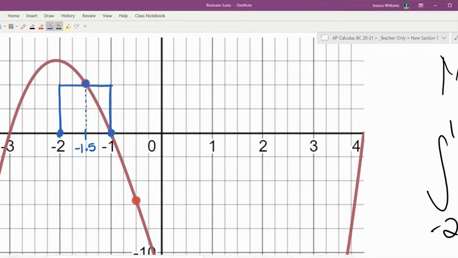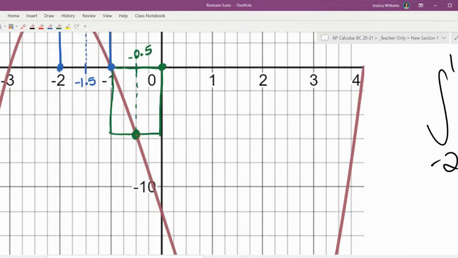Do it again. Between negative 1 and 0, the midpoint there would be at negative 0.5. That function value is here. So that's where I'm going to draw the height of this rectangle.